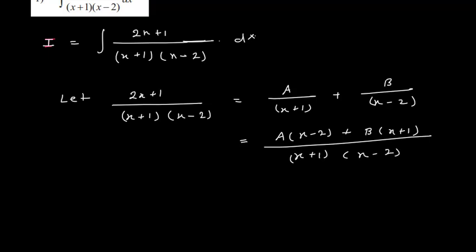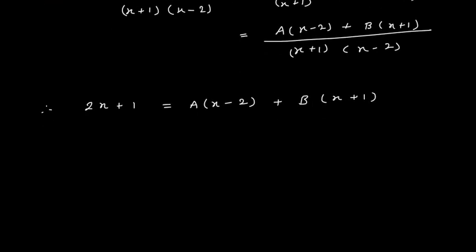Now on the left hand side the denominator is (x + 1)(x - 2), on the right hand side the denominator is (x + 1)(x - 2), so you can cancel from both sides. Therefore here you get 2x + 1 equal to A(x - 2) plus B(x + 1). Now next step, I have to find the values of A and B.